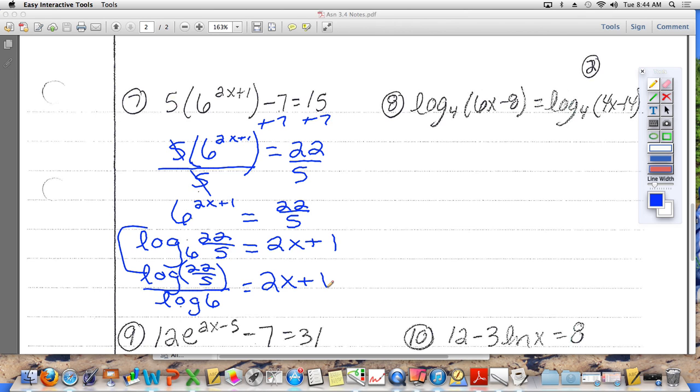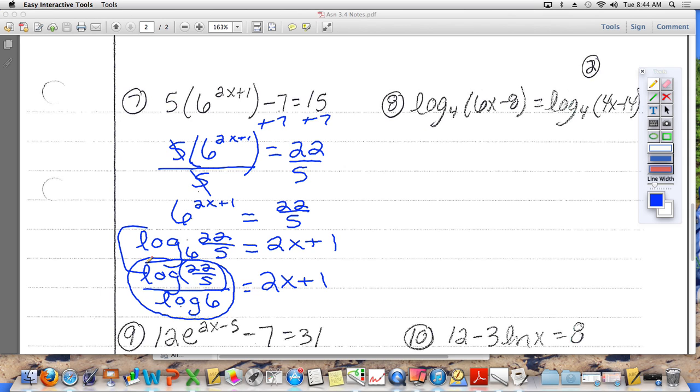And I'm completely running out of room. That's okay. All right, so you're going to get an answer over here. You're going to get some crazy decimal answer. And whatever you get for that answer, what are you going to do to it? That crazy decimal answer, it's still a number, and it's equal to 2x plus 1.